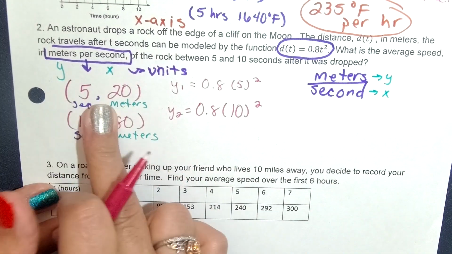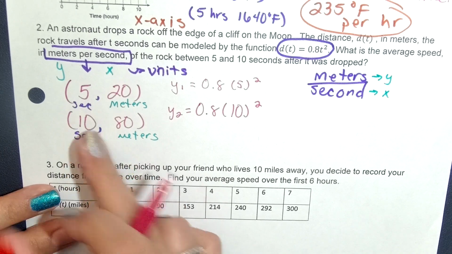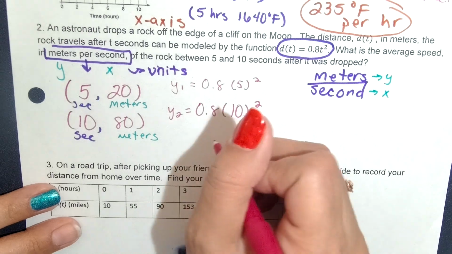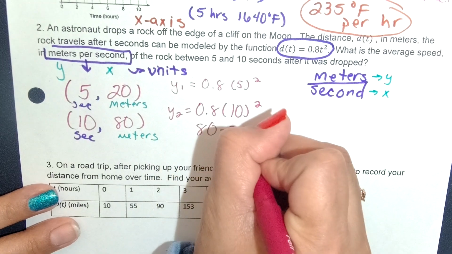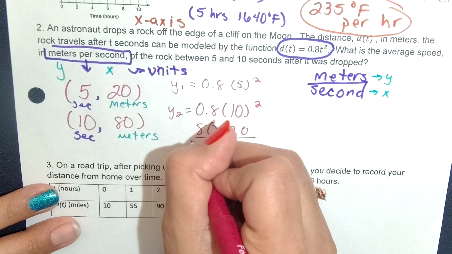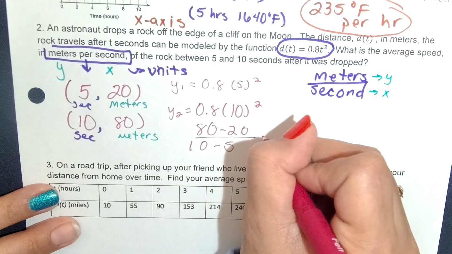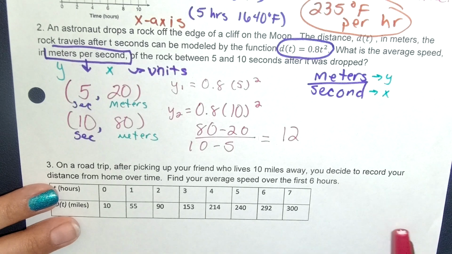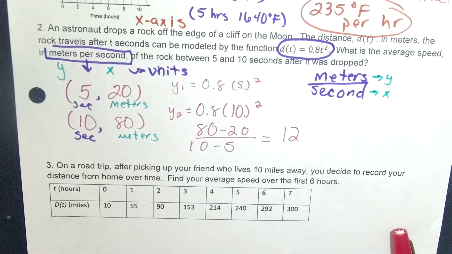So now that I have my coordinate pair, what do I do? Slope formula, good. So we have 80 minus 20 over 10 minus 5, and that gives you 12. Would you get full credit? No, what are you missing?